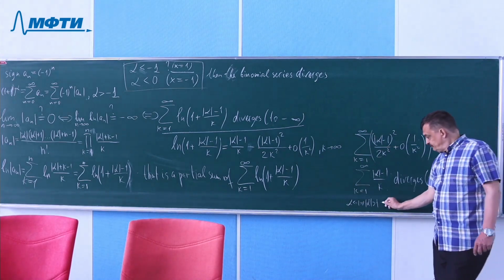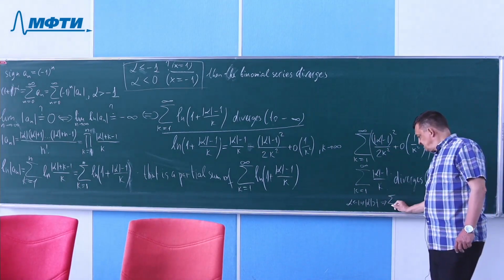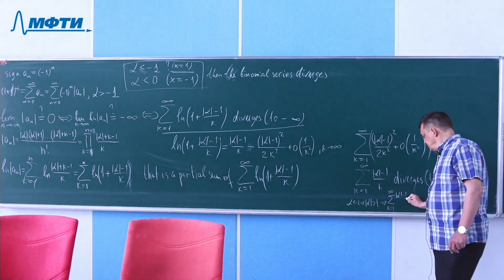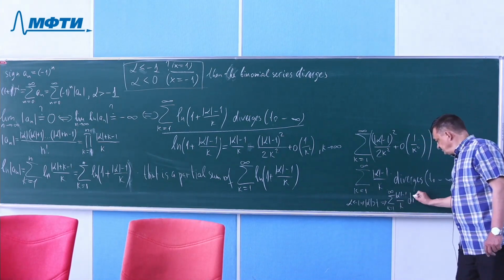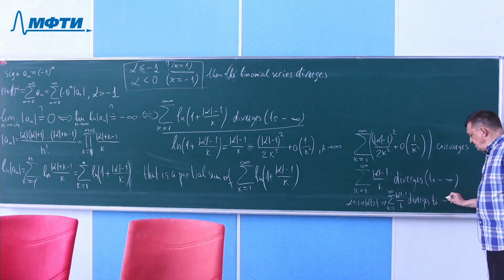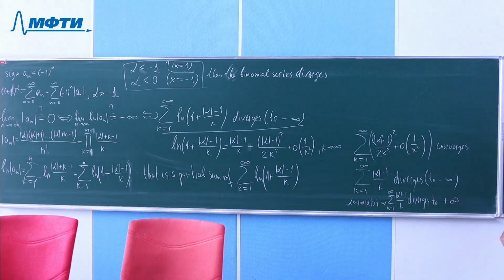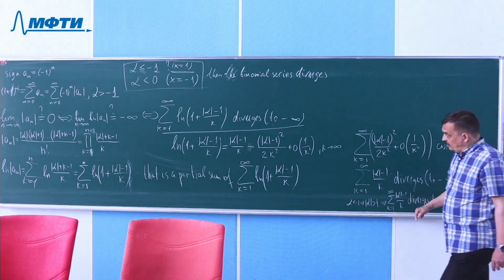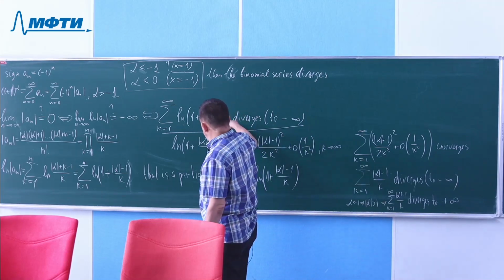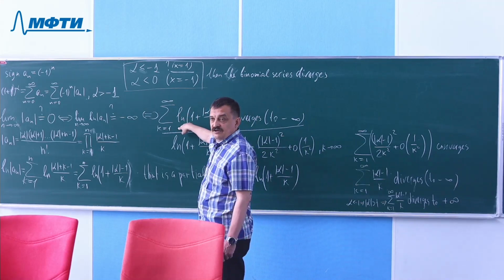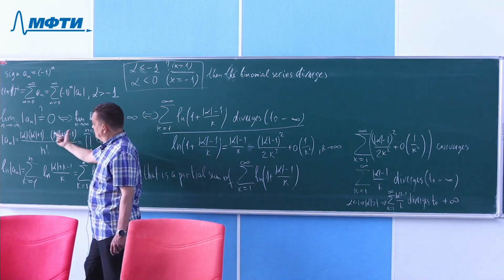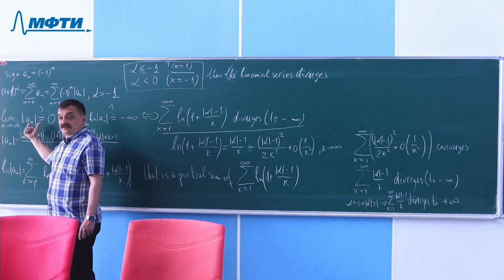And then this series diverges to plus infinity, right? So the series of logarithms diverges to plus infinity, hence the limit of modulo a_n is also plus infinity.